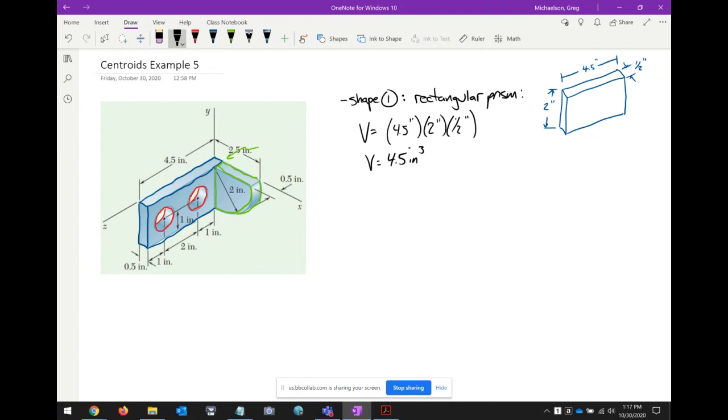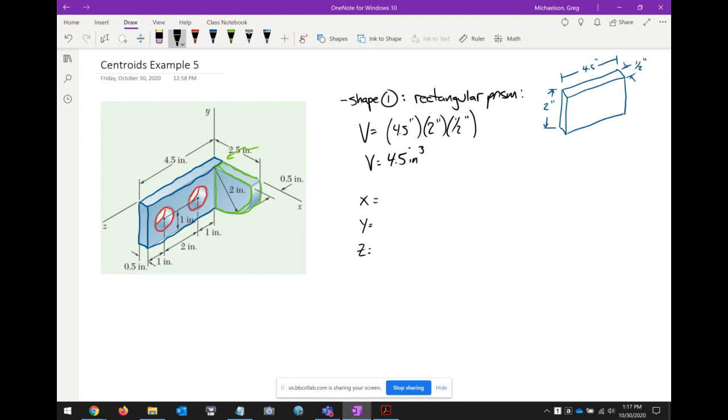Exactly right. Okay. And so the next thing that we probably need to see if we can figure out is what are the x, y, and z coordinates of the centroid. And so let's see if we can write the x, y, and z. Okay, so let's take the x-axis.